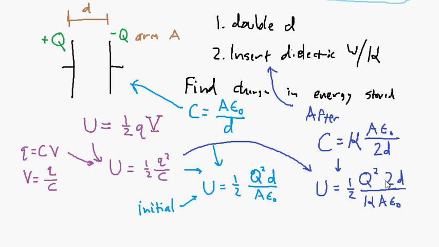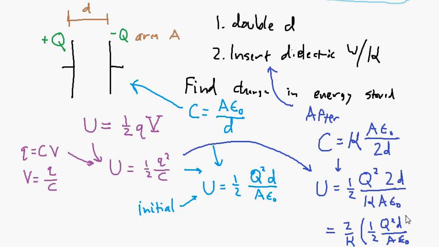And so let's see then what that ends up being. I want to pull this thing out so we can see clearly what it is. So the 2 and the kappa are what's different. So 2 over kappa times 1/2 Q squared D over A epsilon naught.